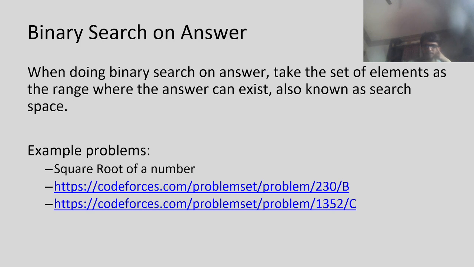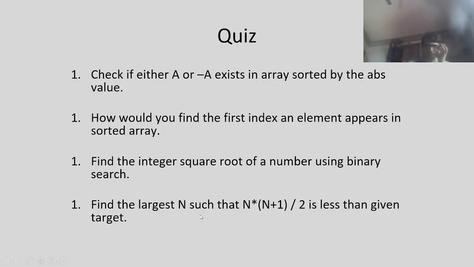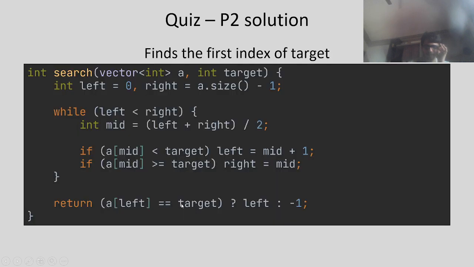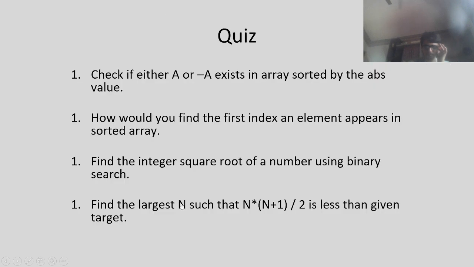Okay, so when we are doing binary search on answer, take the set of elements as a range where the answer can exist. So this is very straightforward, right? I just now told you. If we are finding an answer which satisfies a particular condition, like the condition is this: we need to find the largest n such that n into n plus 1 by 2 is less than this, right?